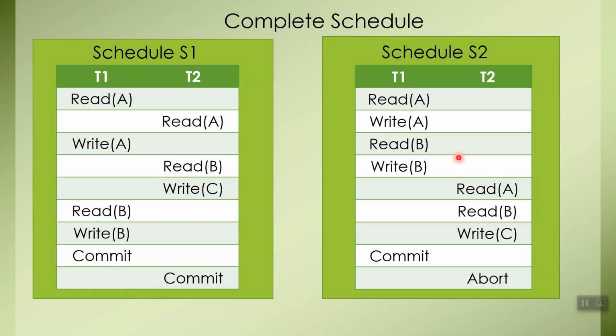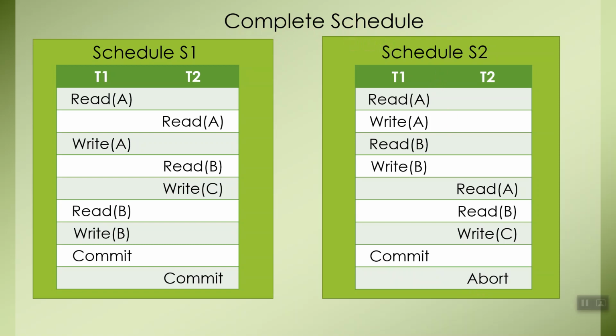So here is another example, schedule S2, same transactions T1 and T2, but in this case T1 is getting executed successfully along with the commit statement, whereas T2 is going to get aborted because of some failure, I guess, right? So when the transactions have a commit or abort statement at the end in a schedule, then we say that it's a complete schedule.